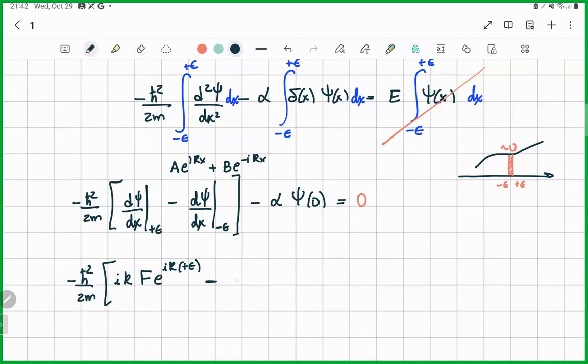The derivative of both terms gave us ik, okay, but here I have an exponential of ik times minus epsilon. Now, when we do the derivative of this, there is a minus sign here, so I'm going to write it here.